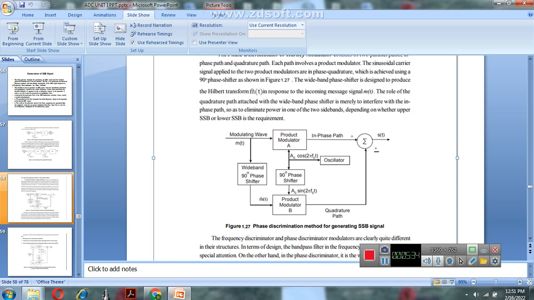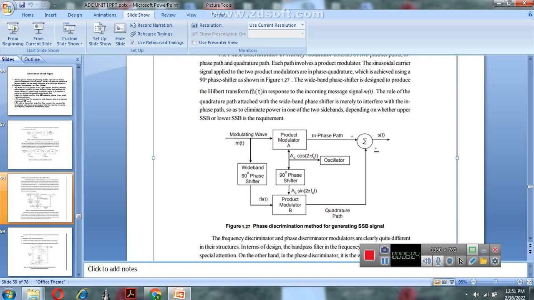These two signals are multiplied by the product modulator to produce the output. The phase discrimination method consists of two paths: one is the in-phase path, the next is the quadrature path. The product modulator A output is the in-phase path, and it is connected to the summation point.